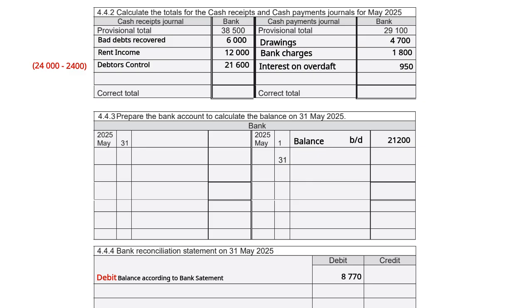So wages will have to be adjusted. 8,500 rand minus 5,800 is a difference of 2,700 rand. We still need to record an additional 2,700 rand as an expense for wages because we only recorded 5,800, and the correct amount is the amount on the bank statement, which was 8,500 rand.